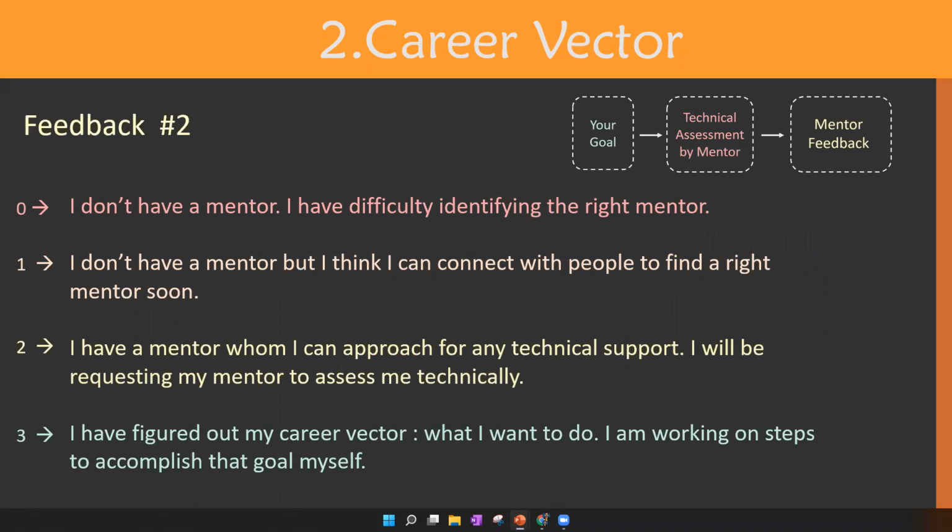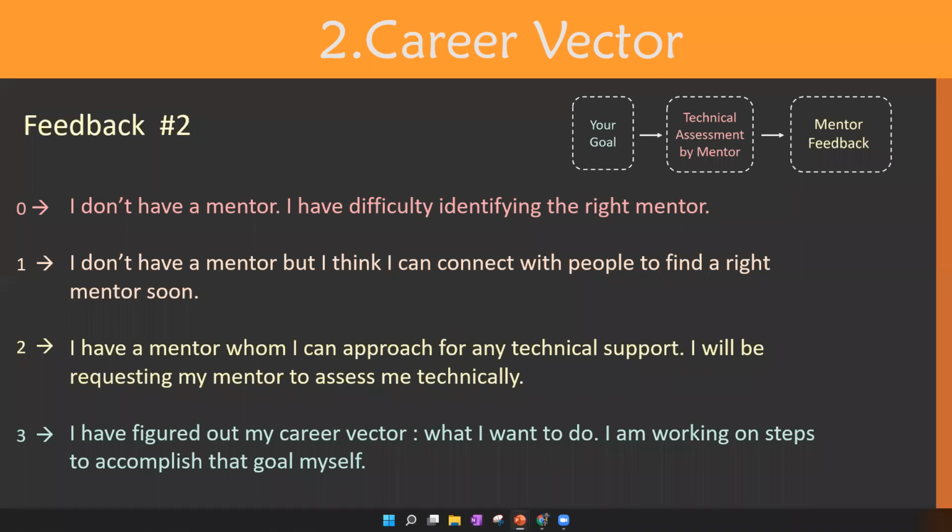Once again, I would like to seek your feedback. Some of you may have a mentor, some of you may not. In case you do not have a mentor and you also have difficulty identifying the right mentor for you, please respond with 0. In case you don't have a mentor, but you think you can connect with people through the various ways by which you can find a mentor, and you are confident that you can find your mentor, then please respond with choice 1.